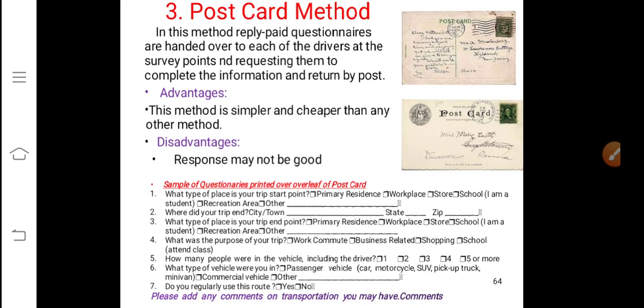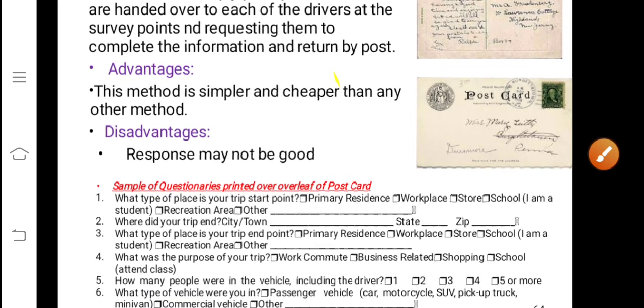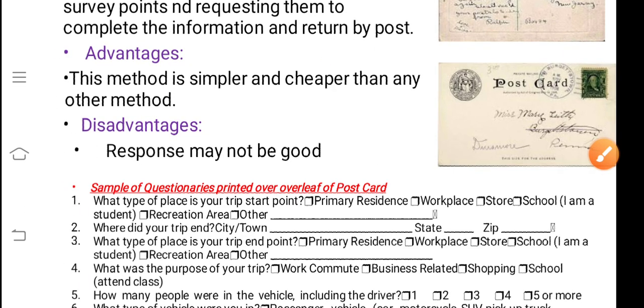Next, the postcard method. You can see here the prepaid postcard. The stamp has already been put on the postcard. The road user need not pay money towards the stamps. Addresses are written and questionnaires are printed on the overleaf of the postcard.